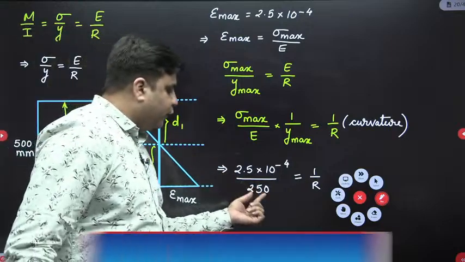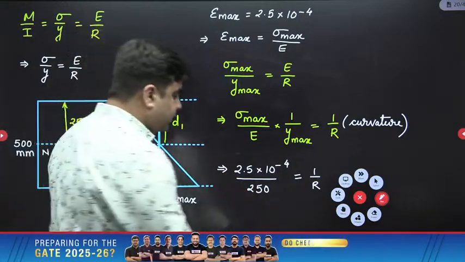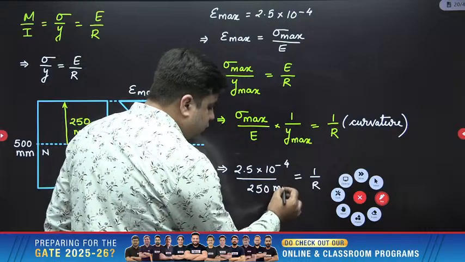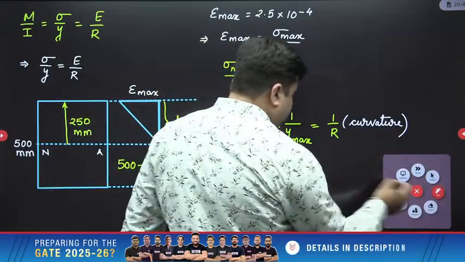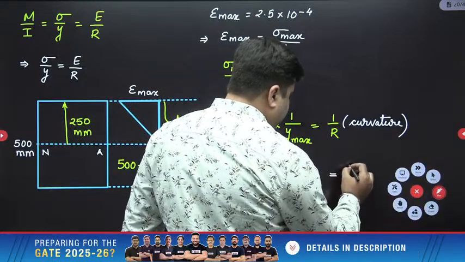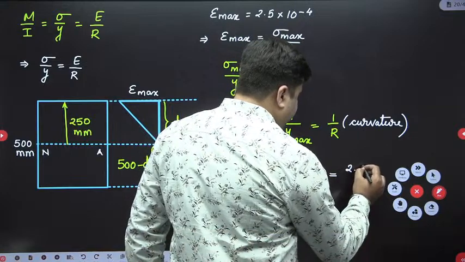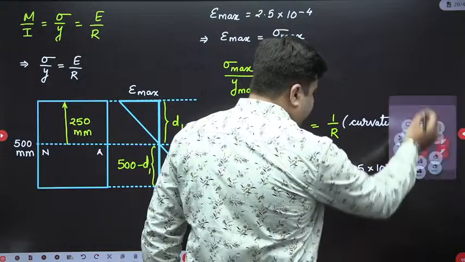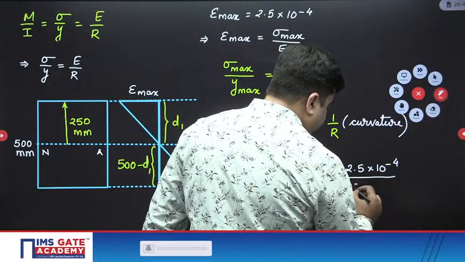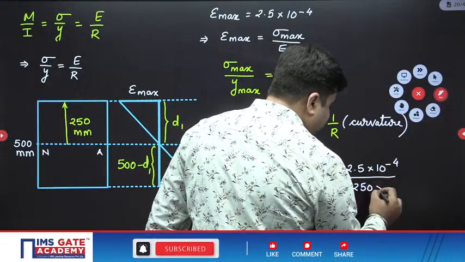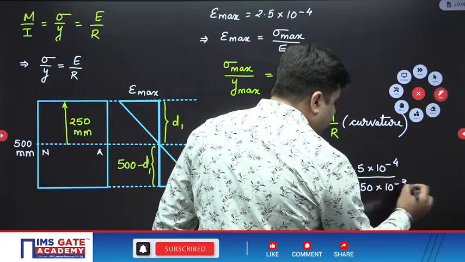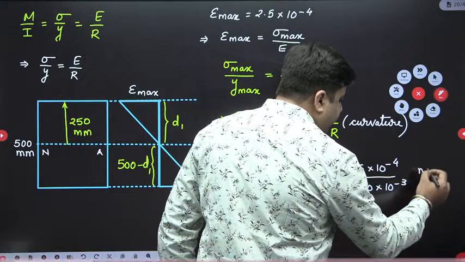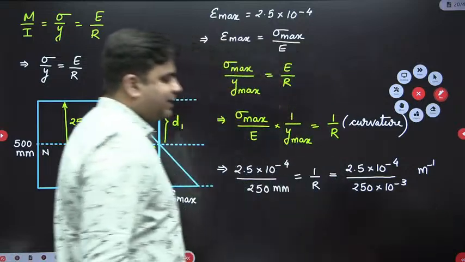Now this 250 is in mm, so convert this mm into meters. So I will write 1 by R is equal to 2.5 into 10 raised power minus 4 divided by 250 into 10 raised power minus 3. Now this will come out in per meter. Please calculate this.